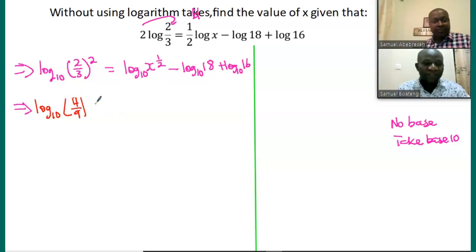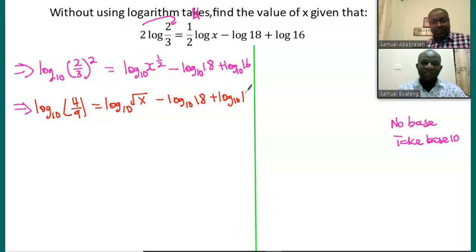Then when you square 3, you get 9. Log to the base 10 of 4 on 9 equals, on the right-hand side, log to the base 10 of square root of x, minus log 18, plus log 16 to the base 10. Okay. Next, log to the base 10.